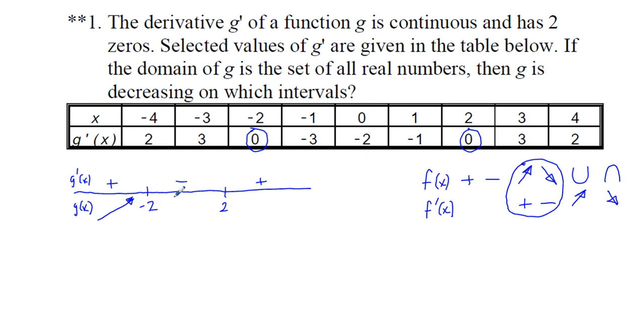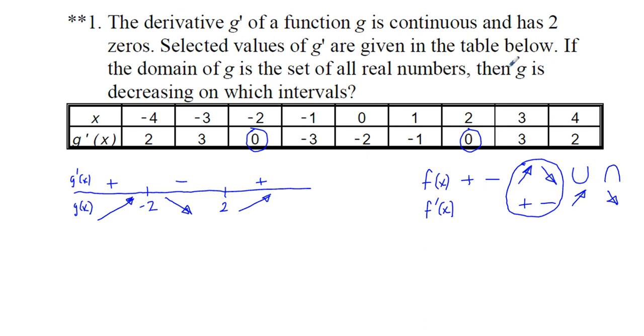And between -2 and 2, we have a negative sign. So the underlying function, g of x, is going down. And finally, to the right of 2, we have positive, so we're going up.